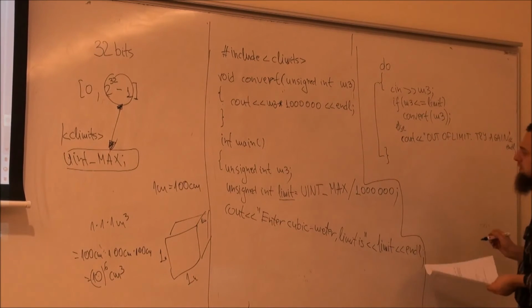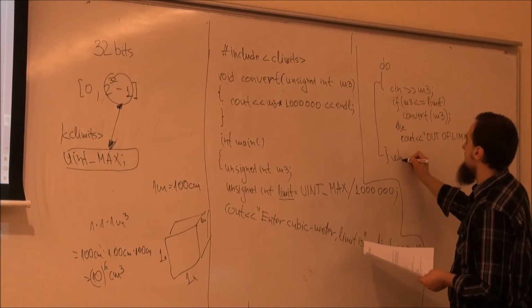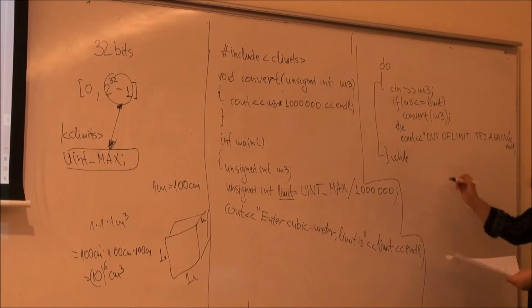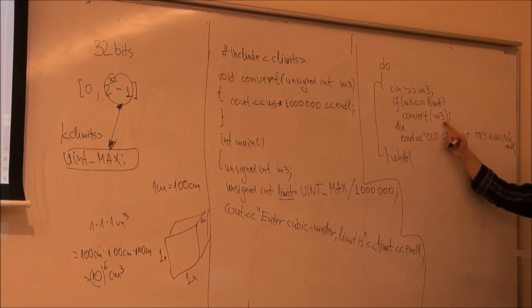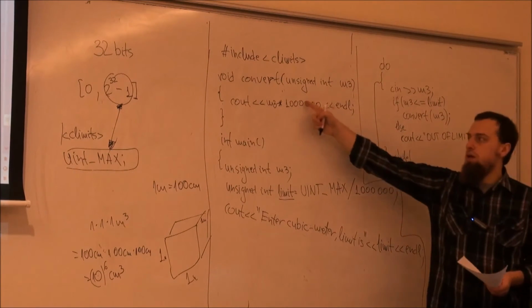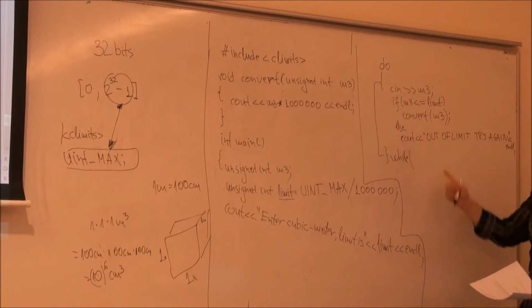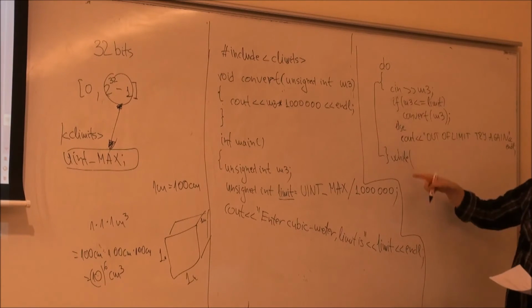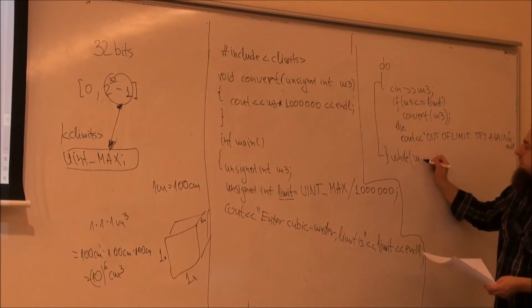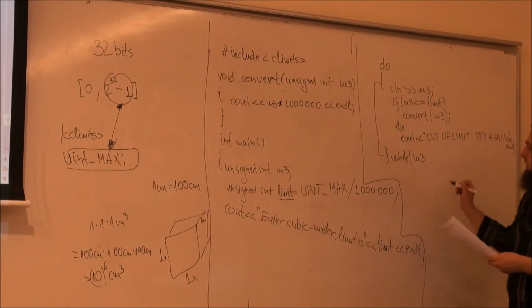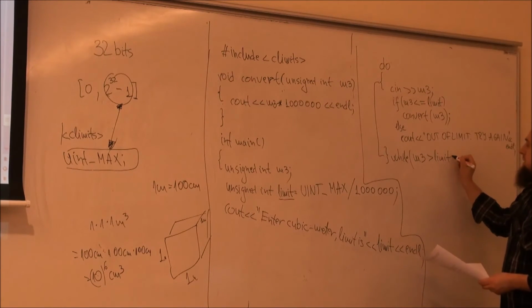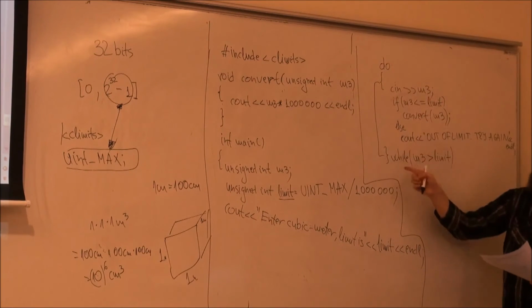This is for this one, and I have the while condition here. At least I should execute it once. So if I give something that is smaller than the limit, okay, I have to do it again and again. So while M3 is greater than the limit, then I have to try it again and again.